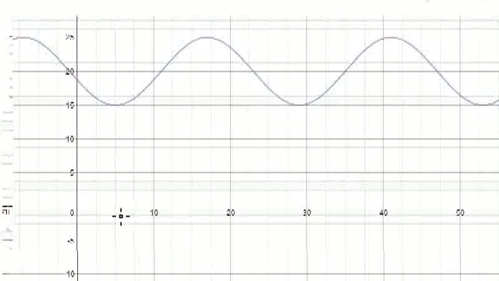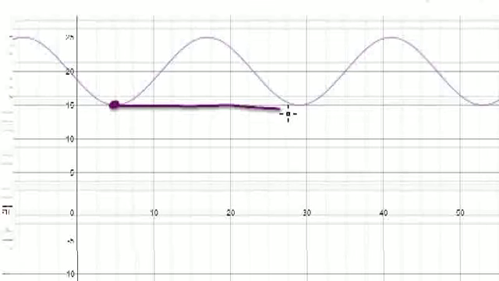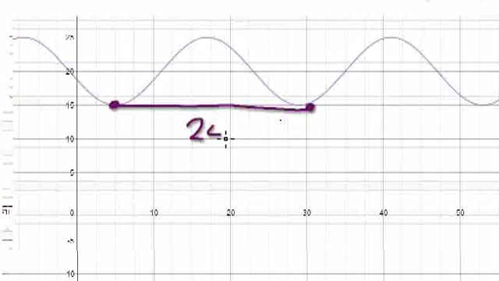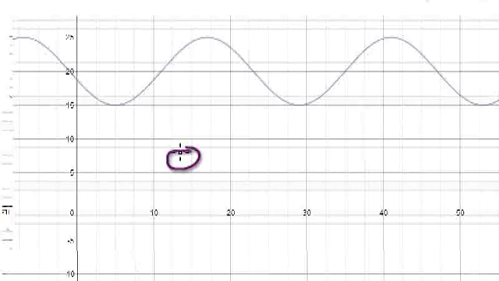Well, if you think about it, it's going around in a period of 24 hours. One period here is 24 hours. Another period is 24 hours here. The circle behind this is really this.